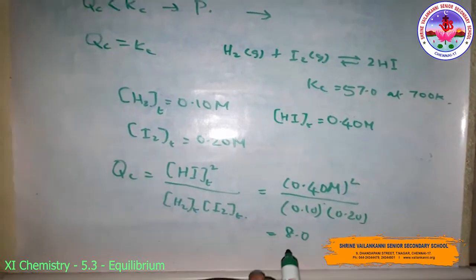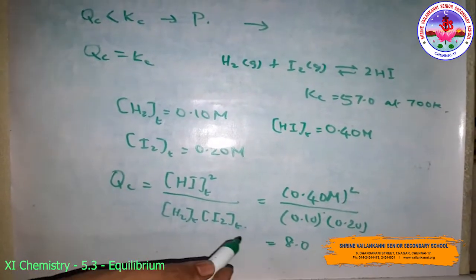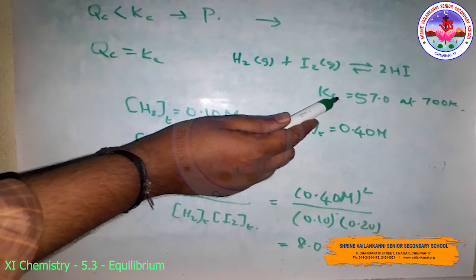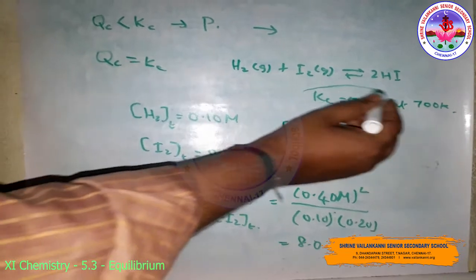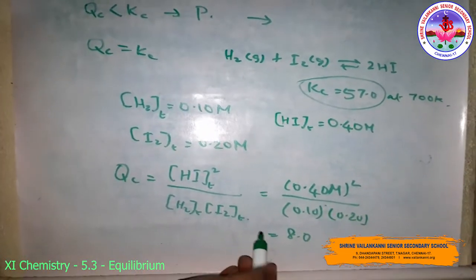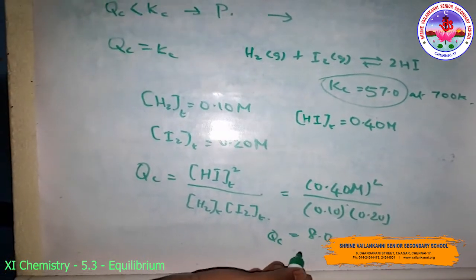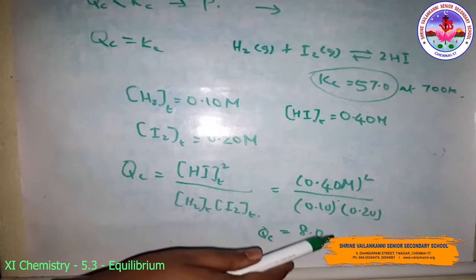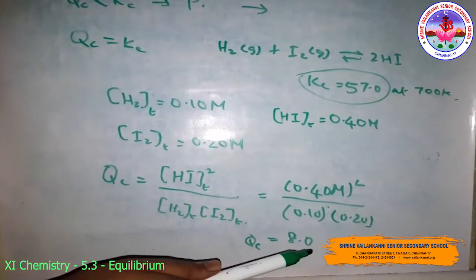After simplifying, you will get 8.0. So in this case Qc does not equal Kc. The Kc value is 57.0, but the Qc value is 8, so they are not equal. The mixture of H2 gas, I2 gas and HI gas is not at equilibrium.